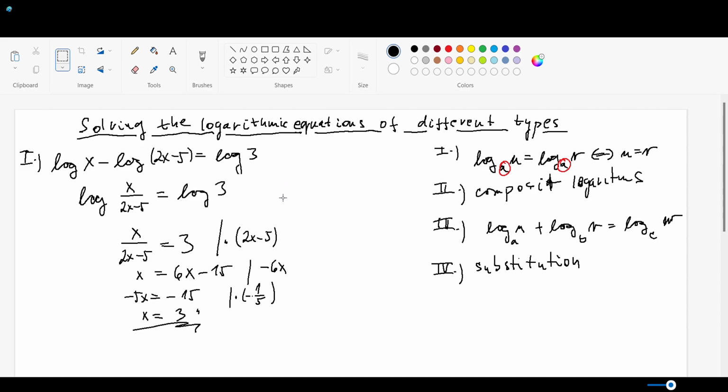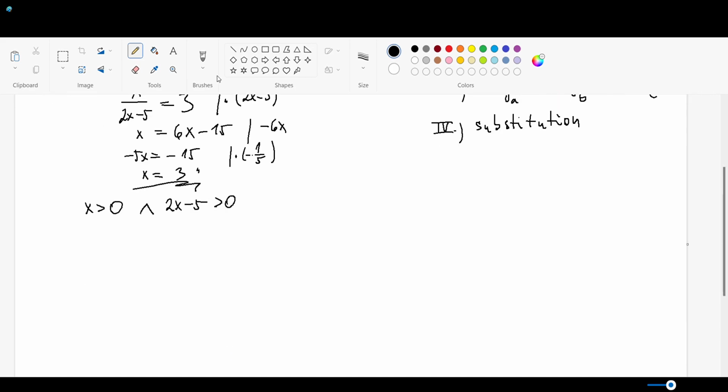Let me just find the domain of all these functions to explain. As we already know, the domain of any logarithmic function requires that the argument is greater than 0. So the condition is x is greater than 0 and 2x minus 5 is greater than 0. Which means x is greater than 0 is the interval from 0 to infinity.